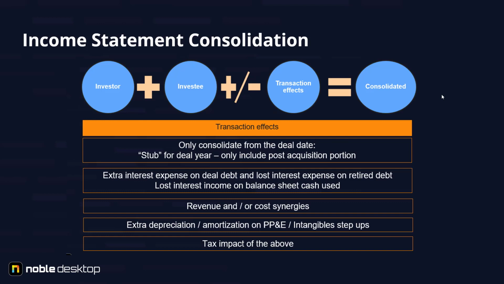To create a consolidated income statement, we would take the income statement values of the investor and the investee and add them together, and then apply transaction effects. First of all, we need to include only the post-acquisition portion of the investee's revenue and losses in the consolidated income statement.